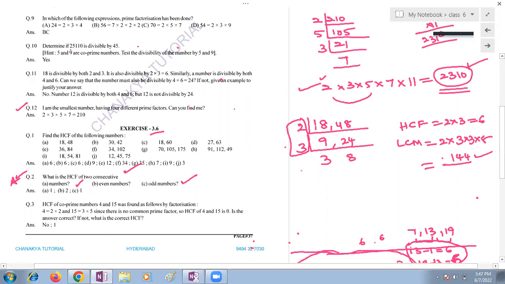Meanwhile, I'll search for your quiz. Today we are going with a small quiz on this HCF. 10 to 15 questions. Any doubts, please let me know in your chat box. If you have any doubt regarding finding HCF, please let me know.